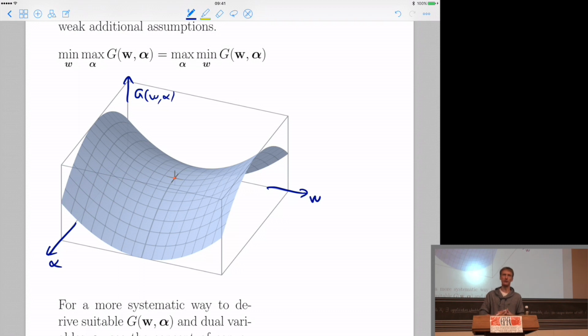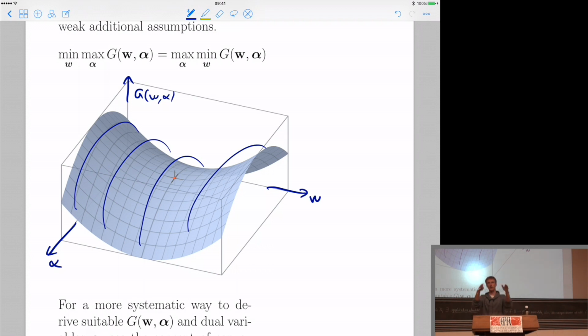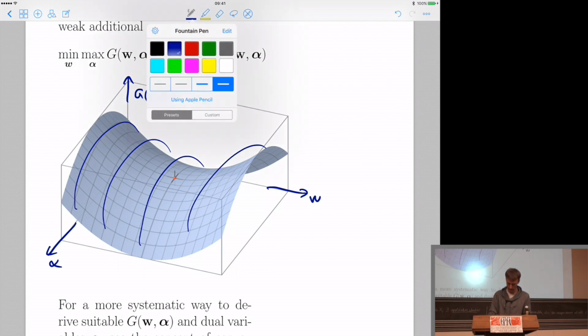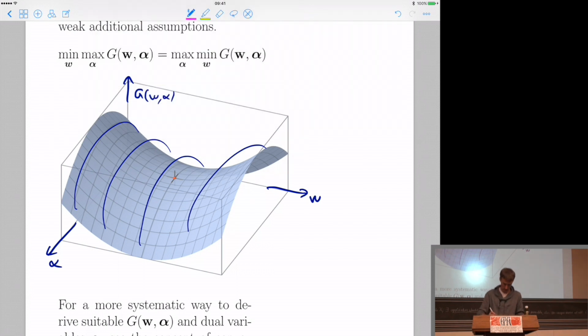And it's the opposite, it's concave in these axes here. If you fix W and look at what's happening with respect to alpha, then it's curved this way, so it's a concave function. And whenever you fix alpha, then it's convex here.